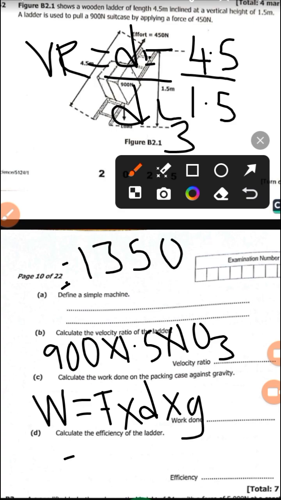When multiplied by 10, we add a 0. The unit is joules. So this was the work that was done.